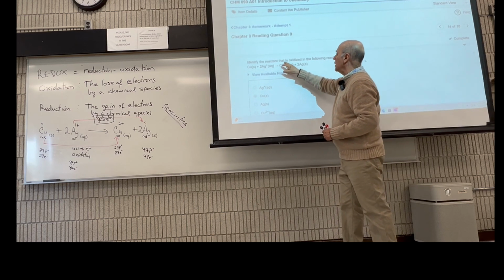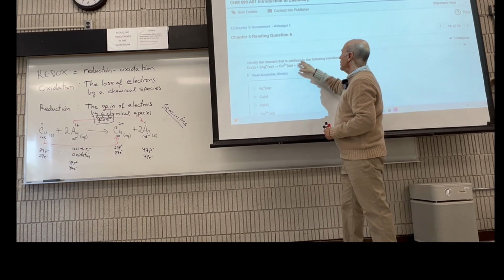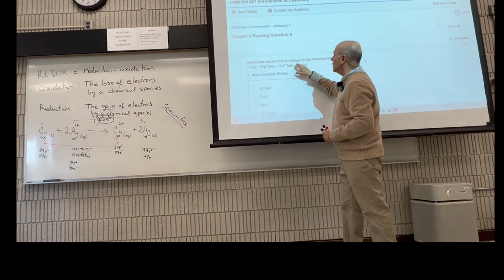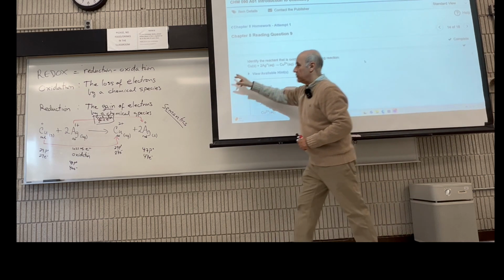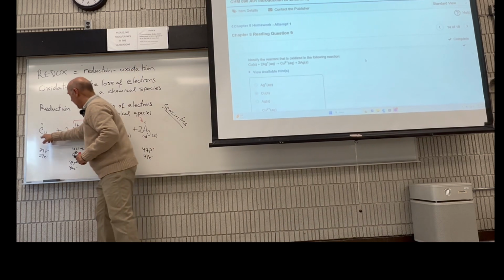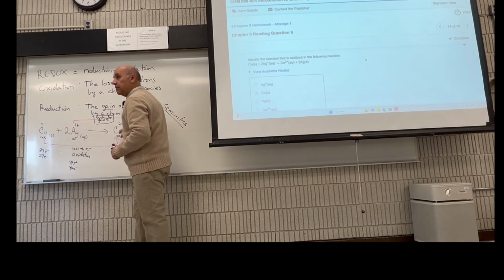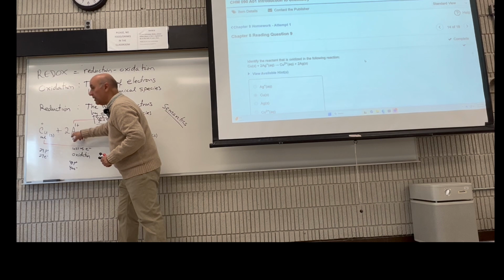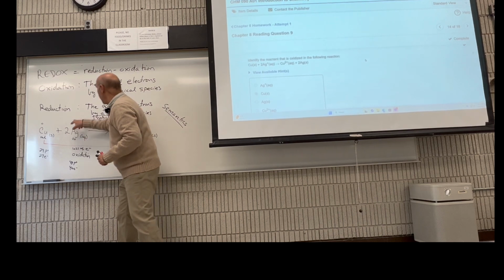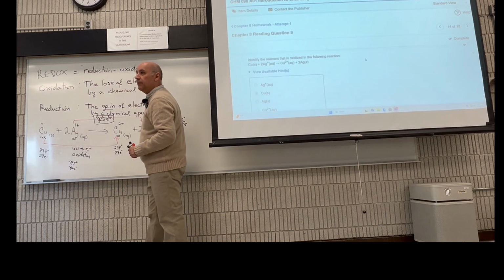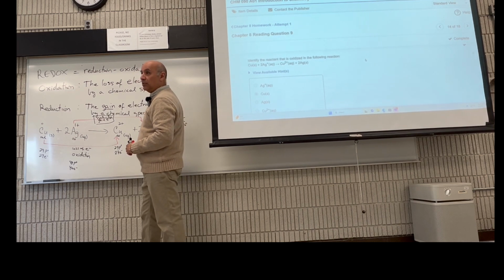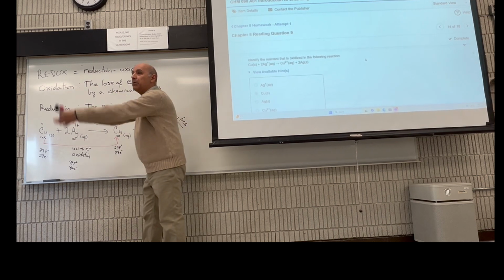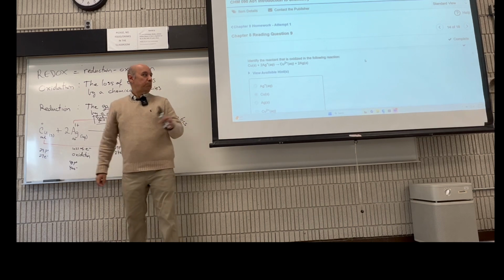Identify the reactant that is being oxidized. In other words, that starts reduced. This starts as reduced and is being oxidized. This guy starts as oxidized and is being reduced. You see that? And I believe that's what the question is asking. Which one is becoming oxidized? Poorly written.